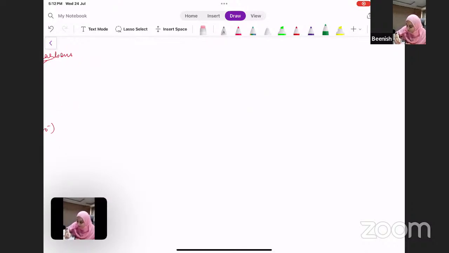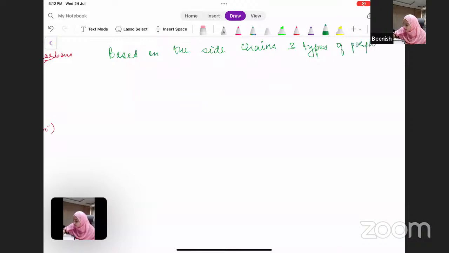So based on the side chains, you have three types of porphyrins. And what are they? That is UCP. Okay, now what is UCP?